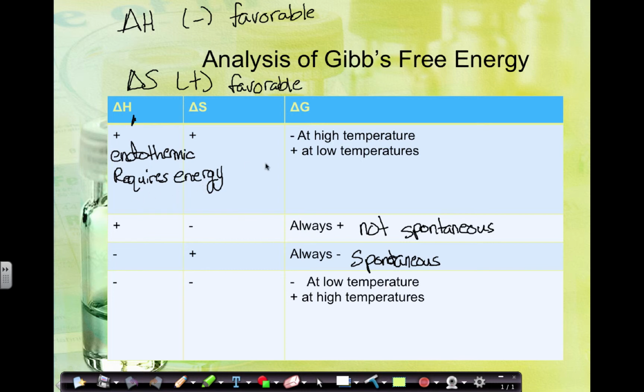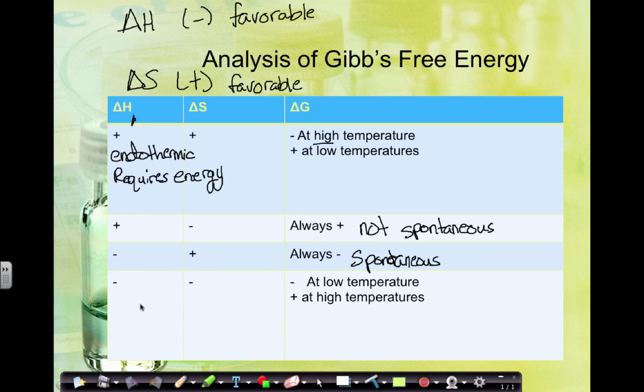So if you have a high temperature, then the reaction is probably going to happen. So it will be spontaneous at a high temperature because it's endothermic. Well, at a low temperature, you're probably not going to get enough energy to make the reaction happen. So in this case, delta G would be positive, or non-spontaneous, if it's a low temperature.